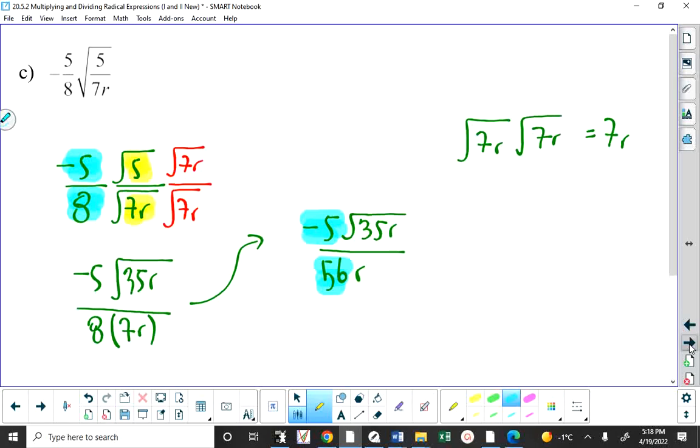Meaning, is there a perfect square that divides into root 35? And the answer is no. Are there any radicals in the denominator? No, which is a good thing. So we've done all that we can do, which means that this is the answer to the question.